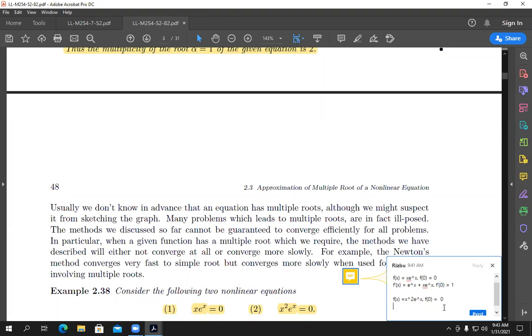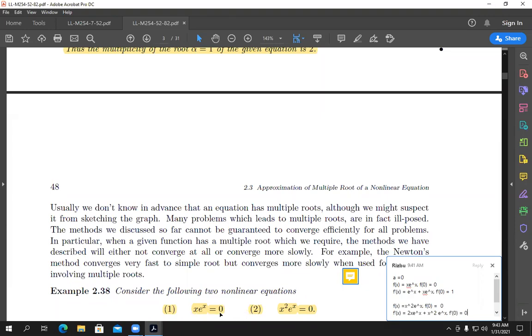You need f dash. f dash is 2x e^x plus x^2 e^x. What is f dash at 0? 0. What does this mean? Multiple root. So which equation is Newton method good for?